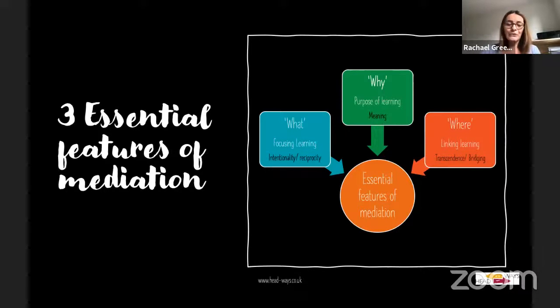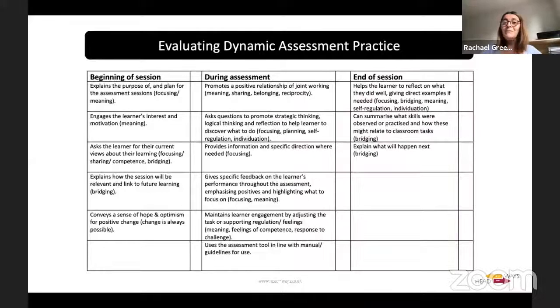So that's one tool. The other tool that I very quickly whiz through, because I'm just aware of time, is a tool that I've used with EPs to evaluate their practice. As I say, getting good at mediation or feeling confident with mediation needs time, it needs opportunities to reflect on practice.